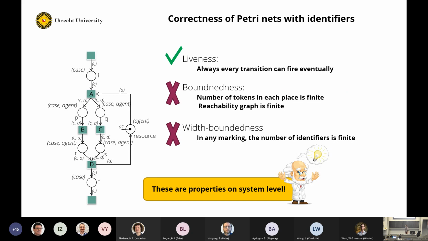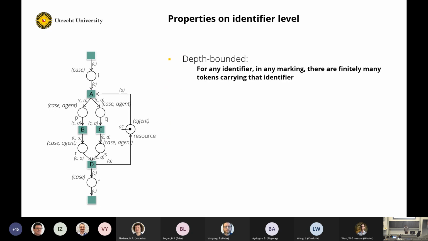So can we find some kind of property that is on the identifier level? One way to do this is by looking again at boundedness and saying, for any identifier in any marking, there are finitely many tokens carrying that identifier. So basically, if I project on a single identifier in my reachability graph, then that reachability graph for that identifier should be finite.